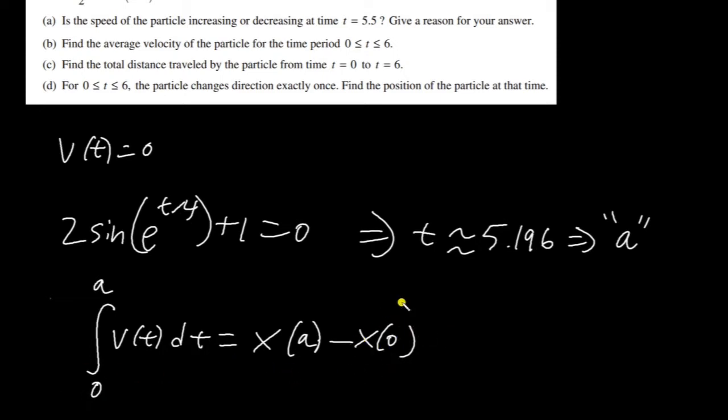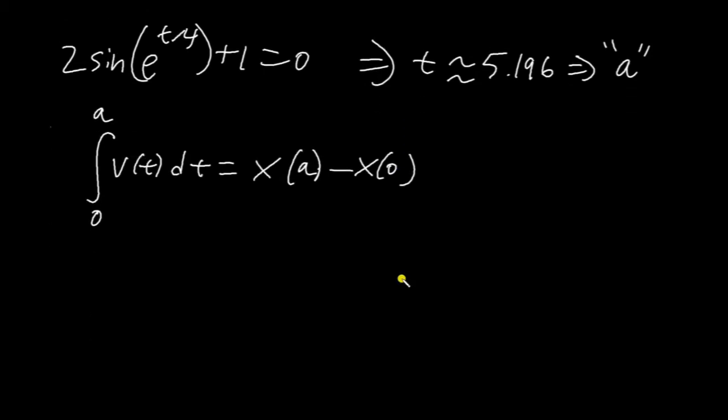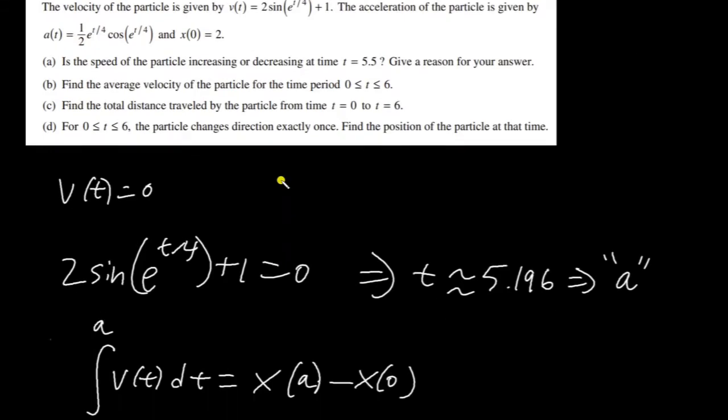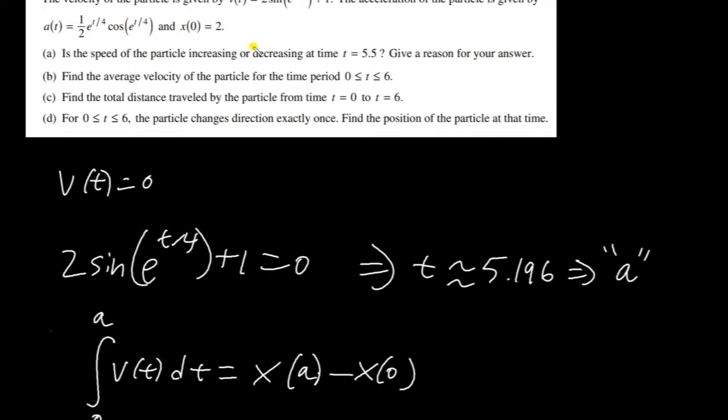Okay, so I can rearrange this to solve for the position at a, and I get that the position at a is equal to the position at 0 plus the integral from 0 to a of the velocity. Right, if you've done physics, you've seen the kinematic equation, that's where it comes from. Okay, so we know that the initial position is 2, because we're given that in the problem. x of 0 equals 2.